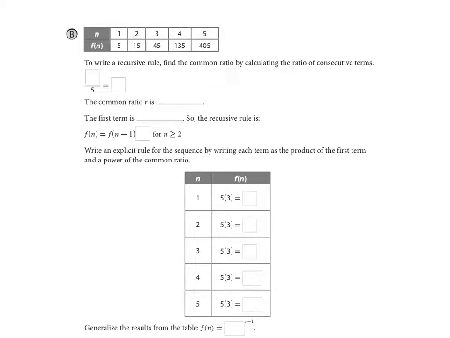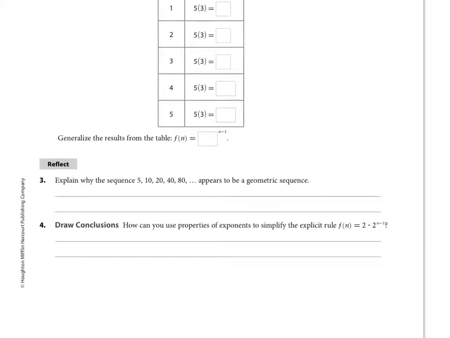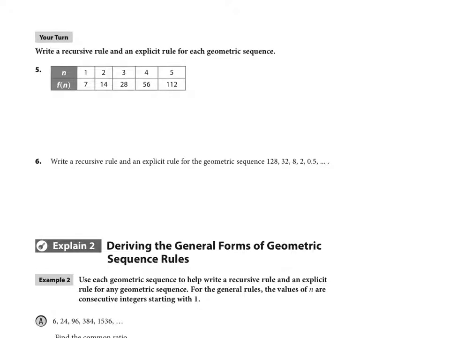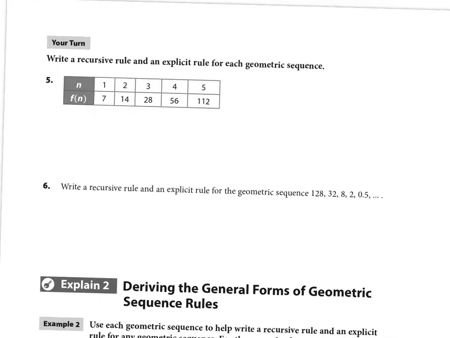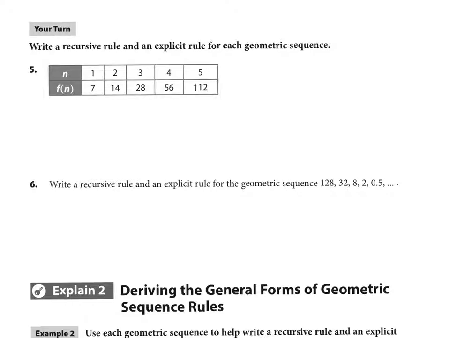So this is the fill in the blank one. Again, I'm going to go ahead and skip this. If you want to go back and look at it and try to fill it in yourself, you can do so. What I want to do is go immediately to the your turn. And I'm going to do this with you. So I'm going to write this one out and work this one out.